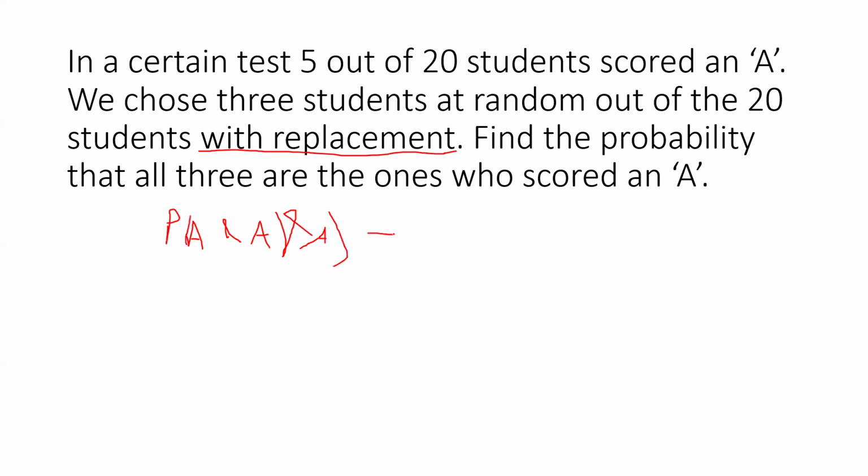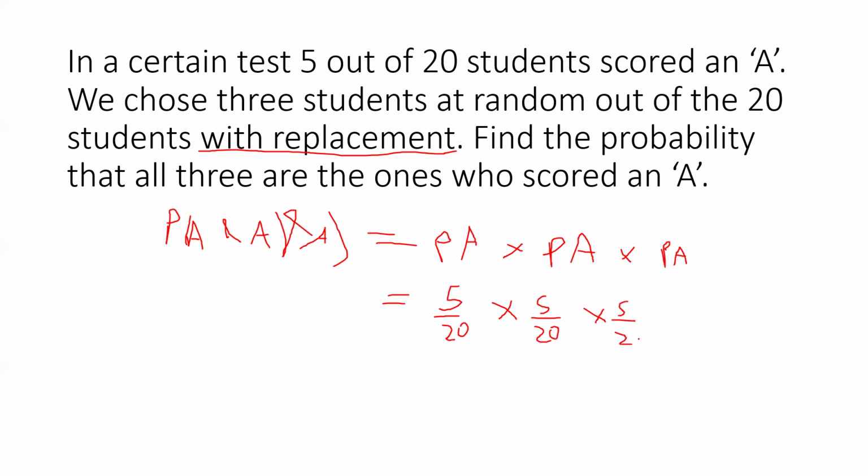And this is equal to probability of A multiplied by probability of A multiplied by probability of A. Now, because there's a replacement, it's always going to be 5. There are 5 A's out of 20, multiplied by 5 over 20, and multiplied by 5 out of 20.